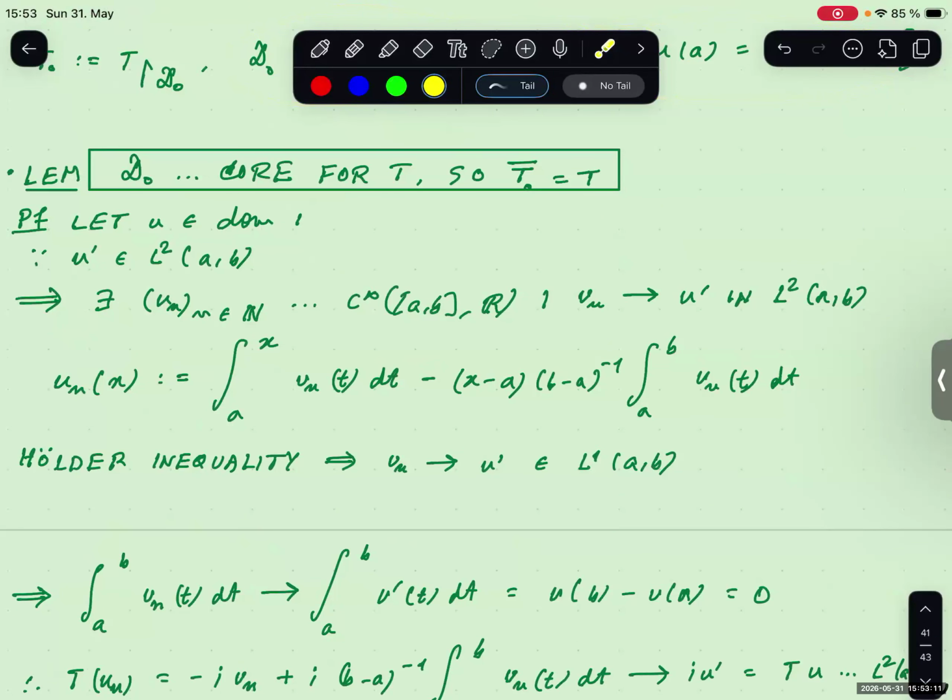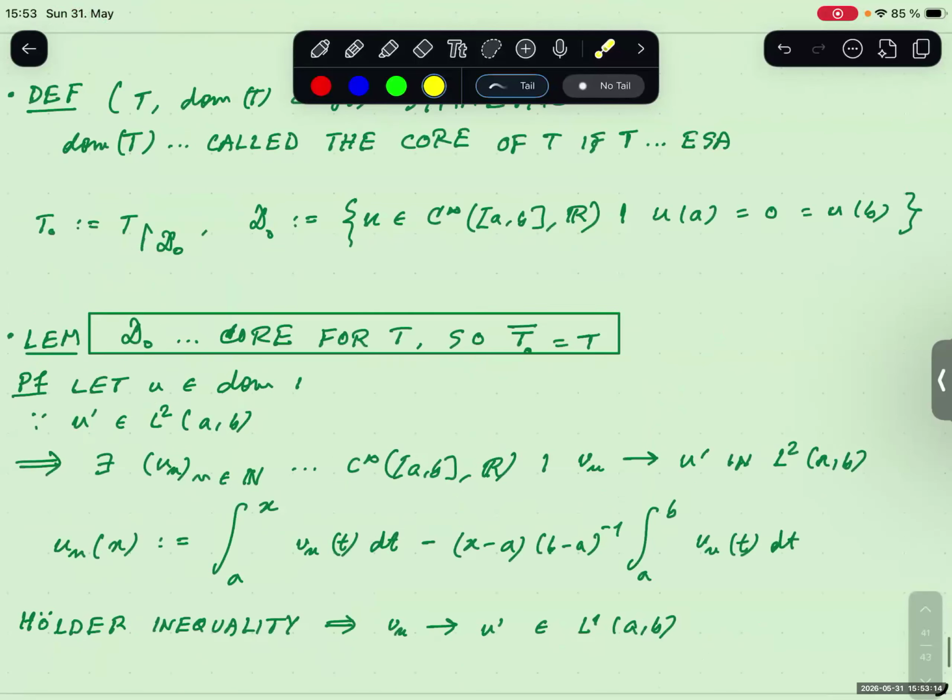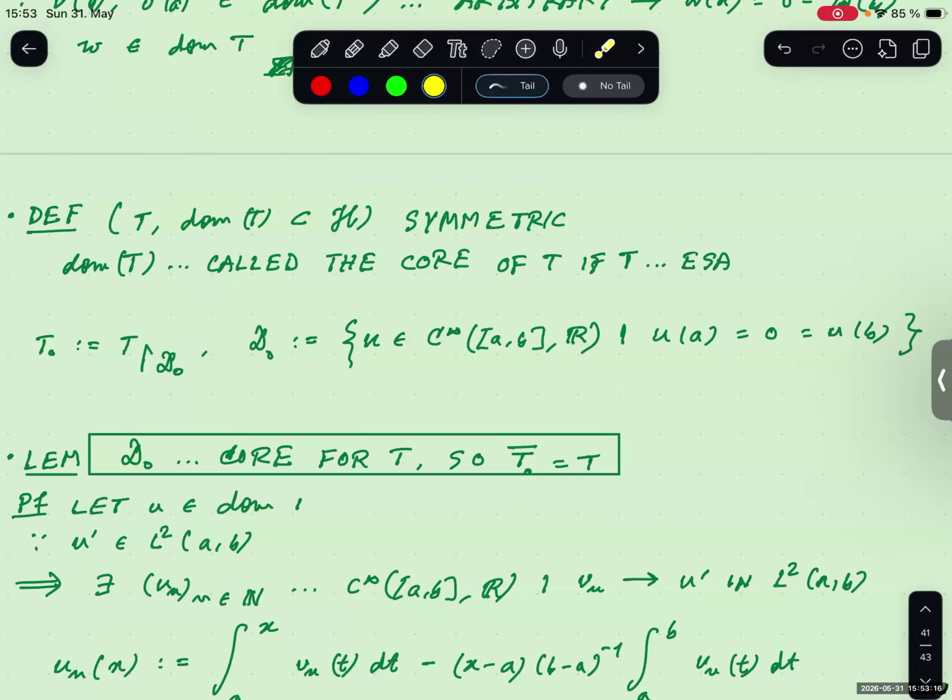And then we have shown, yes, it is indeed the core of this operator, which basically tells that if you restrict this operator to a smaller domain, so T was defined in a larger domain than D naught, but you restrict, still you can recover T by just taking the closure. So from T naught to T, you just have to take the closure, nothing more.